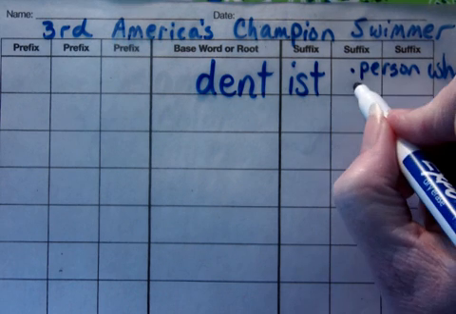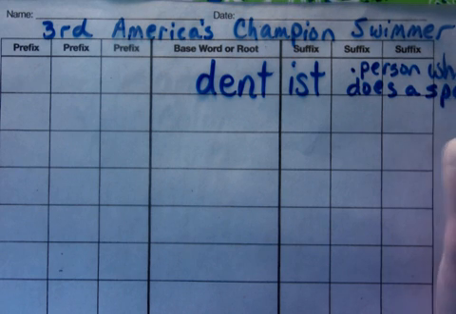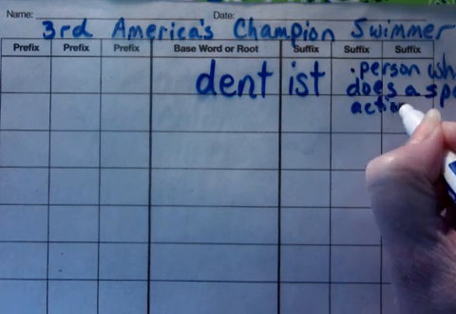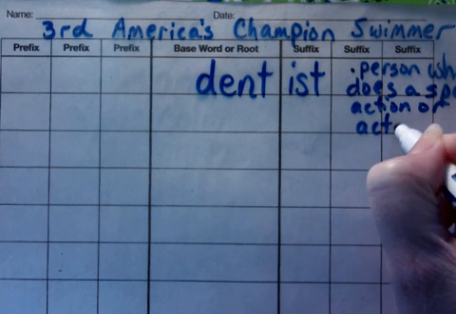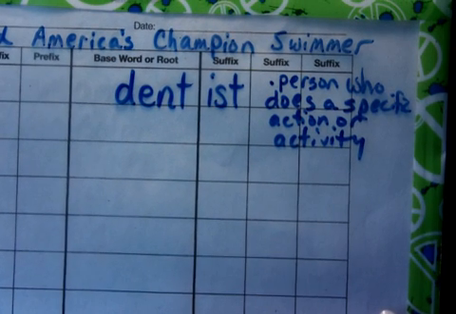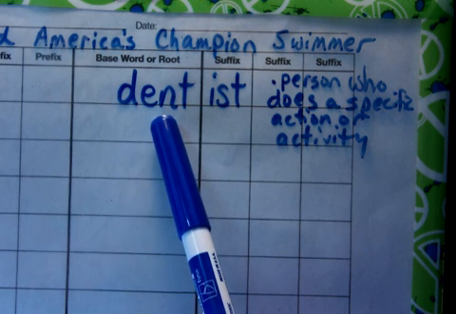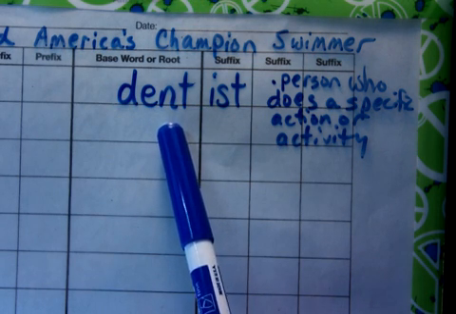A person who does a specific action or activity. You can pause the video now if you need to copy that down. Ist means a person who does a specific action or activity. So a dentist deals with dentistry or your teeth.